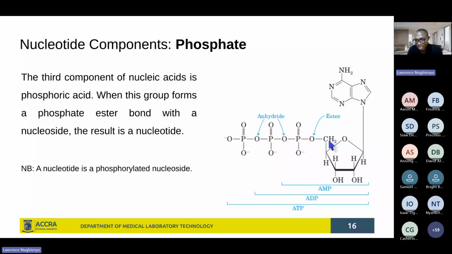That is an ester. So in place of, say, one of the carbons, if that's a phosphorus, not a carbon, it's an ester bond, all right, but it's a phosphoester bond. So keep that also in mind, that the bond between the sugar and the phosphate group is a phosphoester bond.